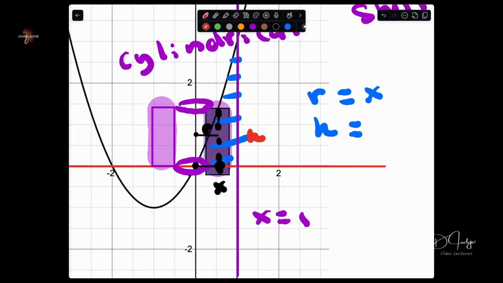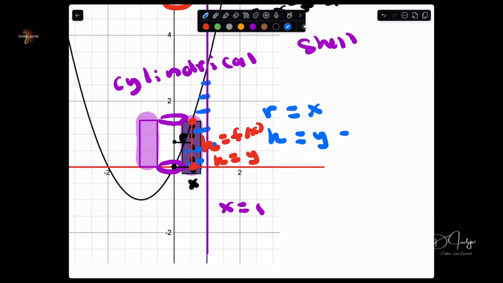The height of this cylindrical shell, if I say, okay, how tall is that rectangle now, which will be equivalent to the height of your shell, well, that's going to be the value of the function. Sometimes we say h is the y value, or it's the value of the function.